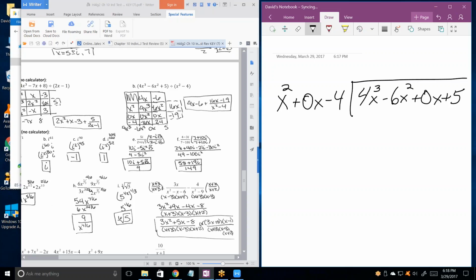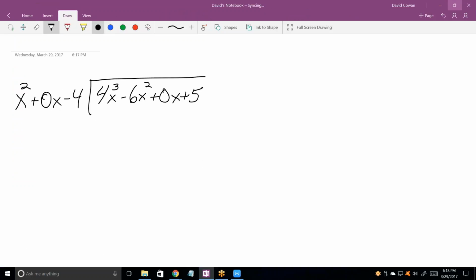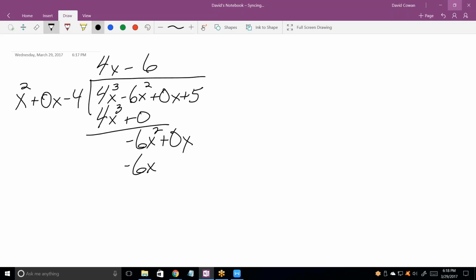If I write it like that, now both my divisor and my dividend have all degrees of x. Let's see if I can get the right answer. 4x gives you 4x cubed plus 0, subtract minus 6x squared, bring down the 0x, repeat.